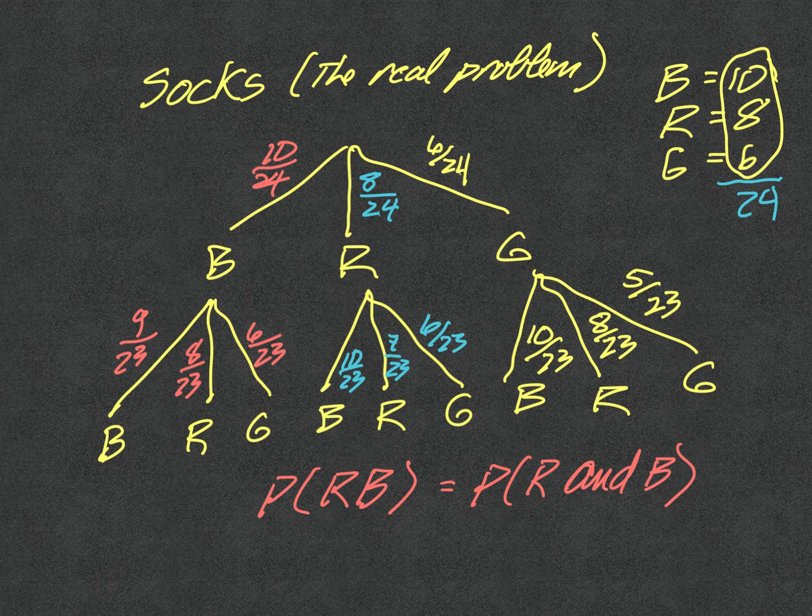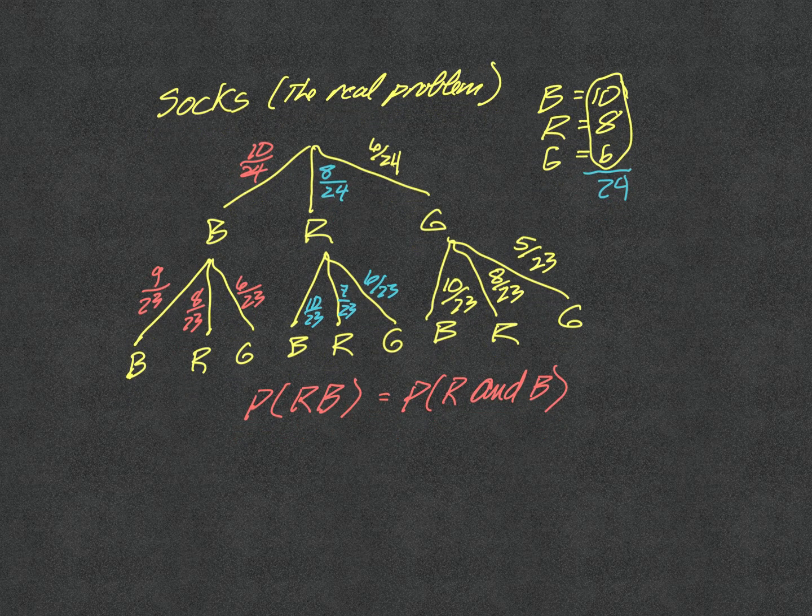For this situation, since it's an and probability, the formula is going to be the probability of a red times the probability of a blue, given that the red has already occurred. And so what are those going to be in terms of my problem?